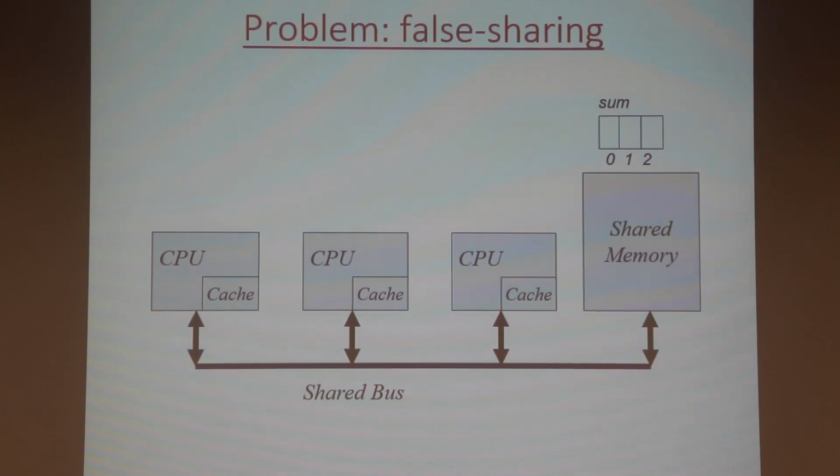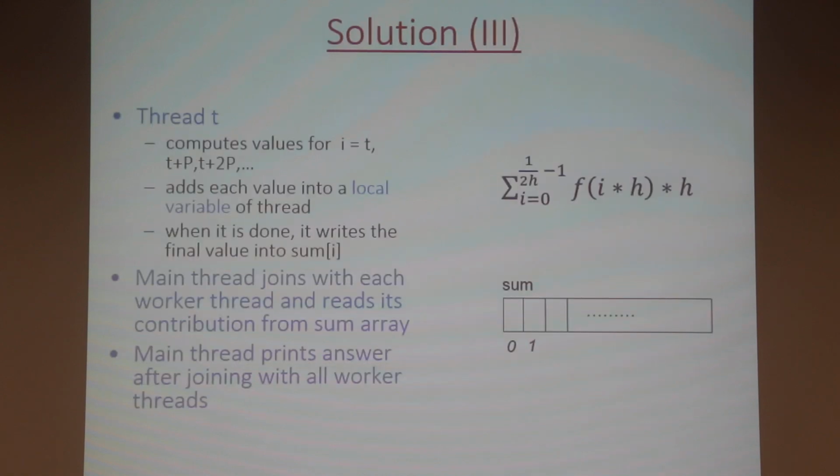Are we good? So it looked nice, right? It was like, oh, I got rid of all the locks, each guy is working on its own variable and so on, but actually I'll show you the performance is almost as bad as having a lock. Pretty sad.